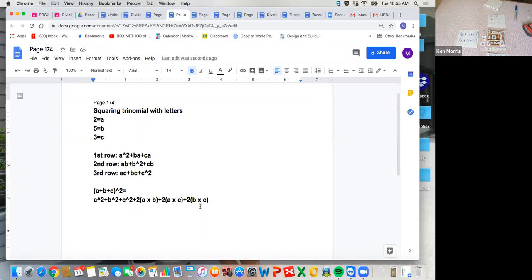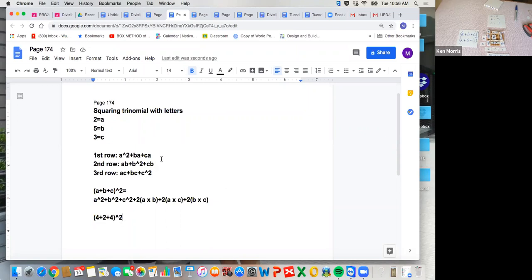Okay, so if I were to give you a different trinomial, if I were to say 4 plus 2 plus 1 squared, you should be able to go ahead and plug in those numbers, all right?